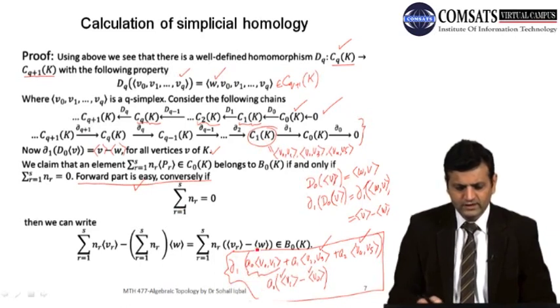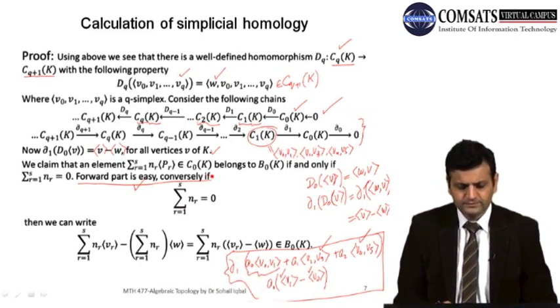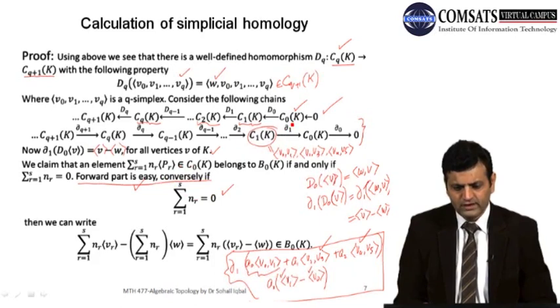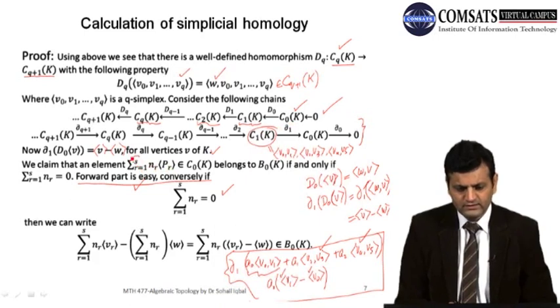Now conversely, if we have an element of c naught of k, the elements of c naught of k will be of the form sum of nr pr, where r is equal to 1 to s, and we are assuming that this c naught k is generated by these s vertices of the simplicial complex k, and the general element will be of this form.